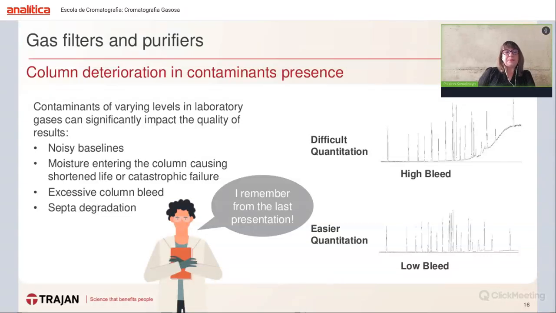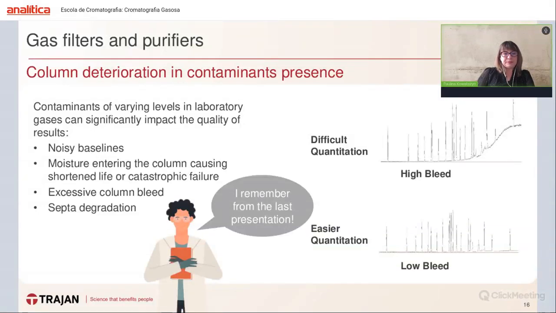So one of the factors which will lead to column deterioration is the presence of the contaminants in our gas line, and this will be leading to the high bleed of the column, so the noisy baseline as well.